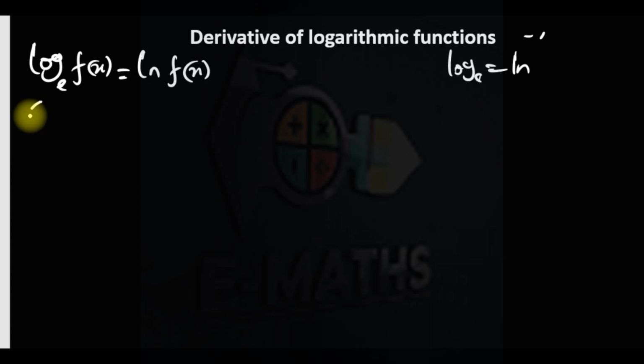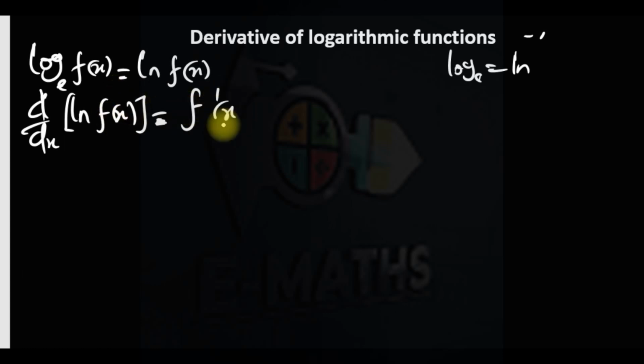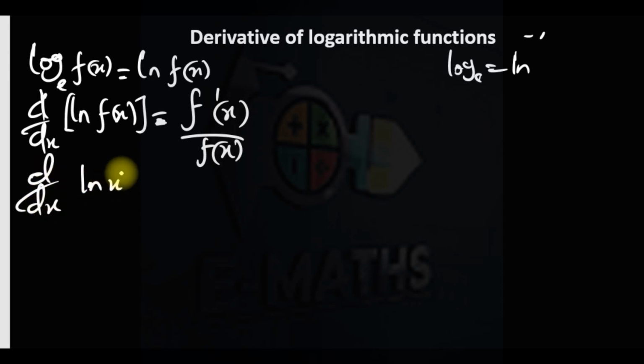So whenever we're asked to differentiate the natural logarithm, the derivative is very easy. Just differentiate the function, which is f prime, over the original function, which is f(x). So for example, if someone asks you to find the derivative of ln x, without wasting time, the answer is 1 over x.